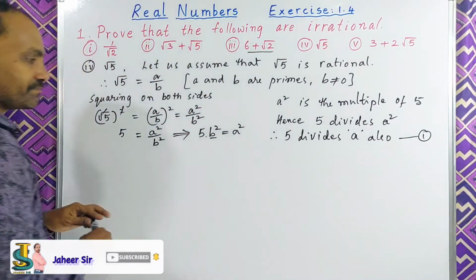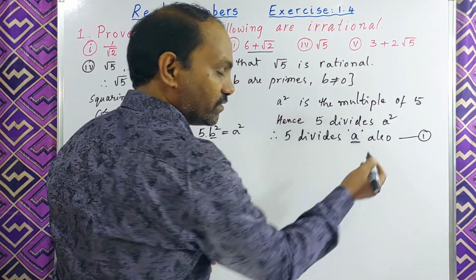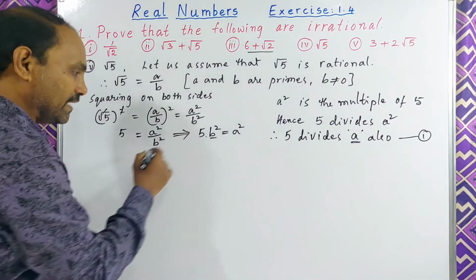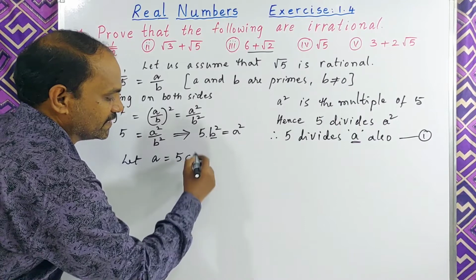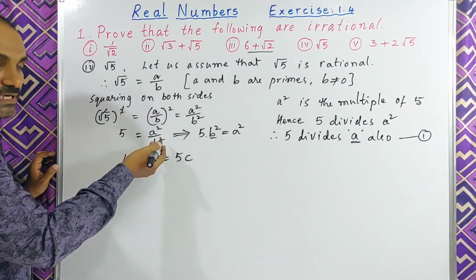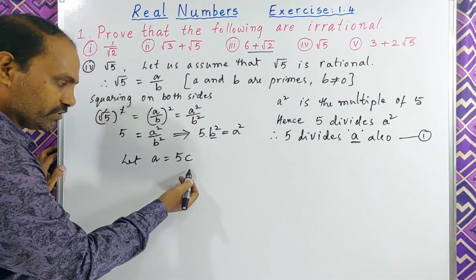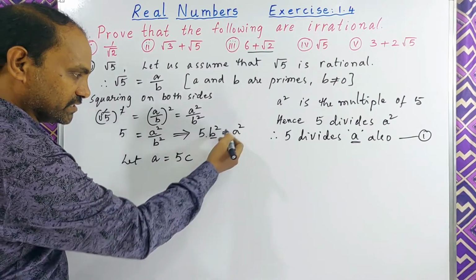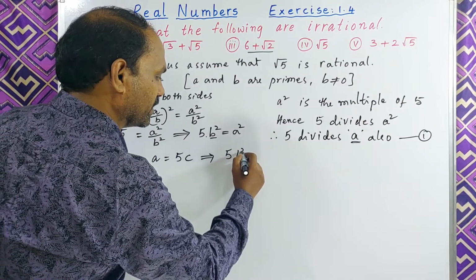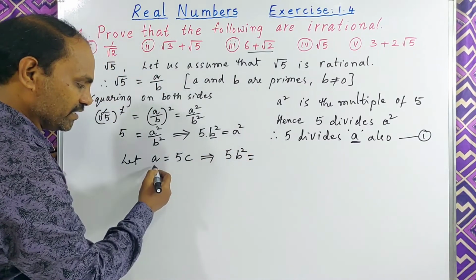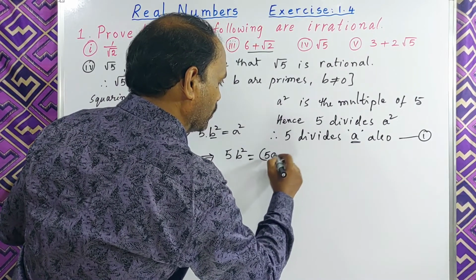Now, 5 divides a, it means a is also a multiple of 5, that is why let a be equal to, I will take 5c. Why? Because a, b are already there, that is why I take c. Then substitute this value here: 5b square is equal to a square, and a value is 5c, so 5c whole square.